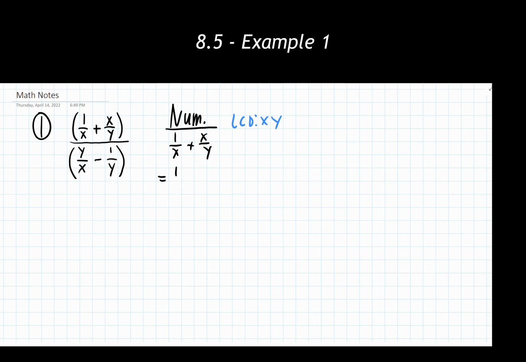So the first fraction is going to need to be modified and multiplied top and bottom by y, and the second fraction is going to need to be multiplied top and bottom by x. So the denominator of both of those becomes xy. The first fraction ultimately becomes y over xy, and the second one becomes x squared over xy.